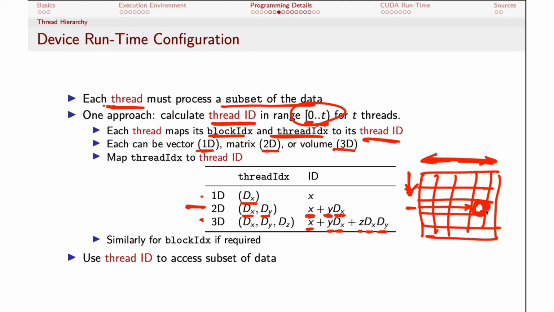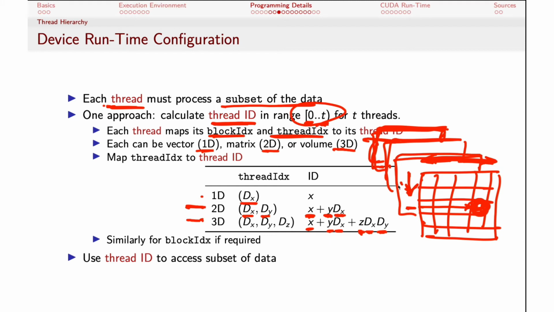In the 3D case, we're basically extending that by imagining that we have multiple planes of those same dimensions. And this product here, the z element times the dimension of x and y, is going to be z times the number of elements in one of these planes. So if we were looking for the 0, 1, 2, third plane, we would skip this whole plane, this whole plane, this whole plane to get to this one.